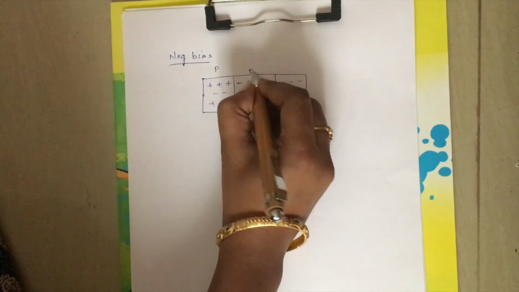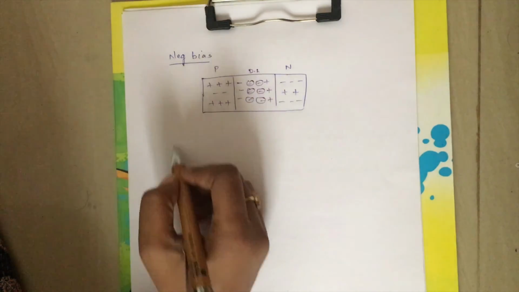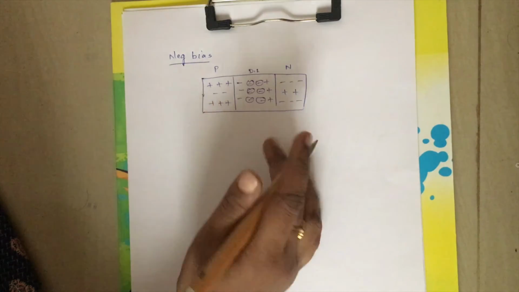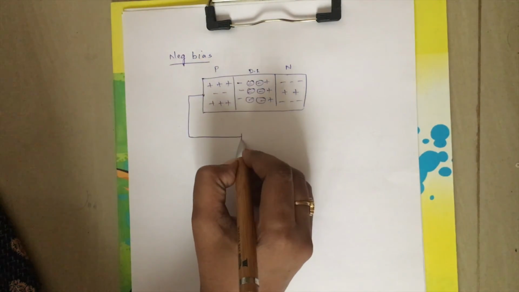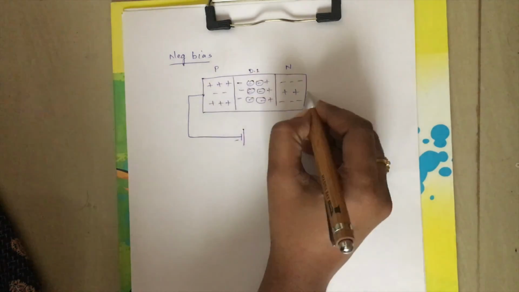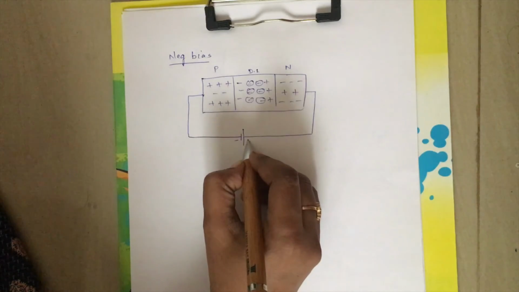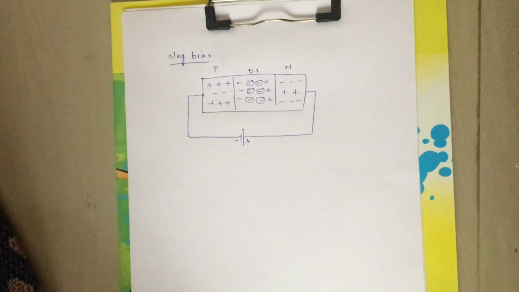In positive bias condition, P layer will be connected to the positive of the battery and N layer will be connected to the negative of the battery. Here it is opposite, where P layer will be connected to the negative of the battery and N type will be connected to the positive of the battery. That's the difference. So let's see how it operates when it is connected in this way.